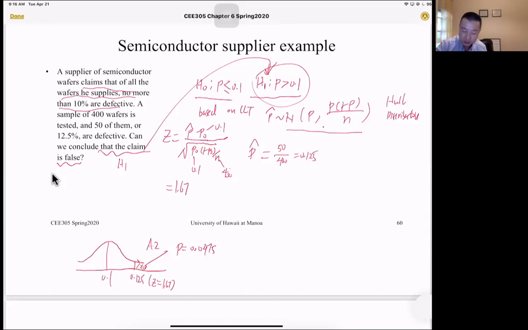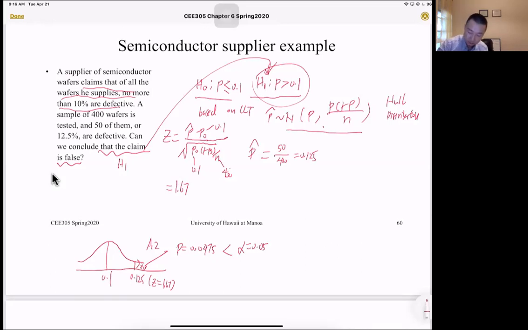The question didn't tell us the alpha. Remember, we need to compare the p-value with alpha. If the question doesn't tell us the alpha, we use alpha of 5%. So 0.0475 is just barely less than alpha.